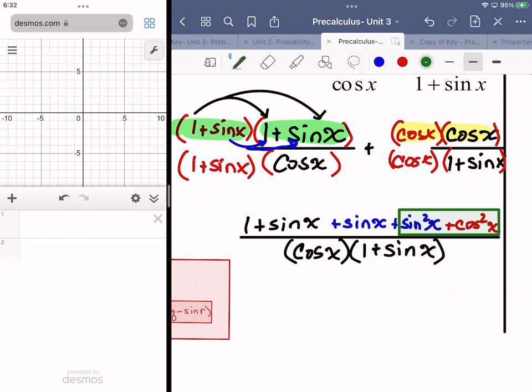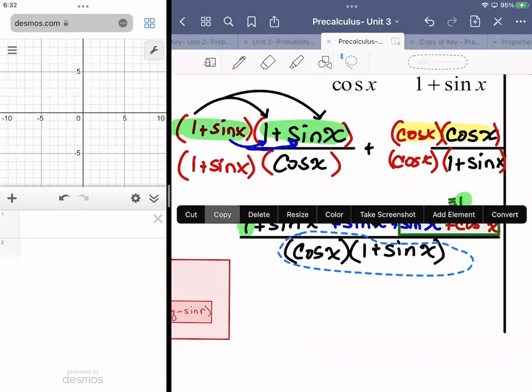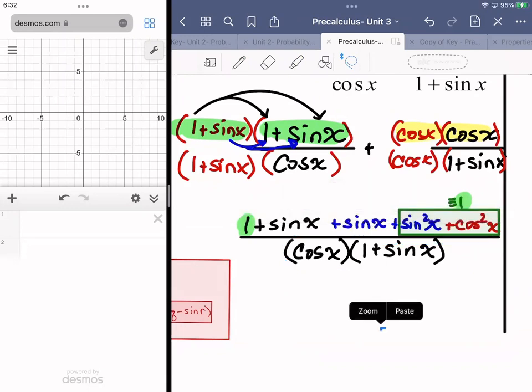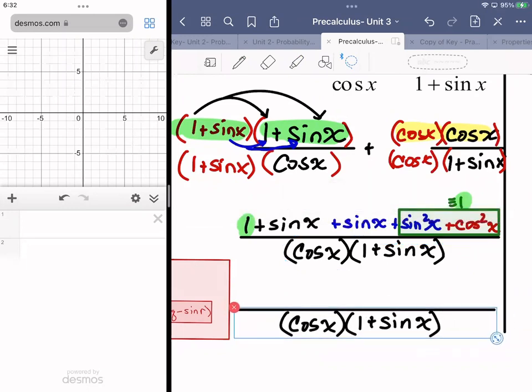Sine squared x plus cosine squared x by definition is equal to 1. So now I have this 1 here that could be added to this 1. And without really doing much of anything in terms of trig, it's been all algebra, we're able to simplify this down kind of nicely, right?